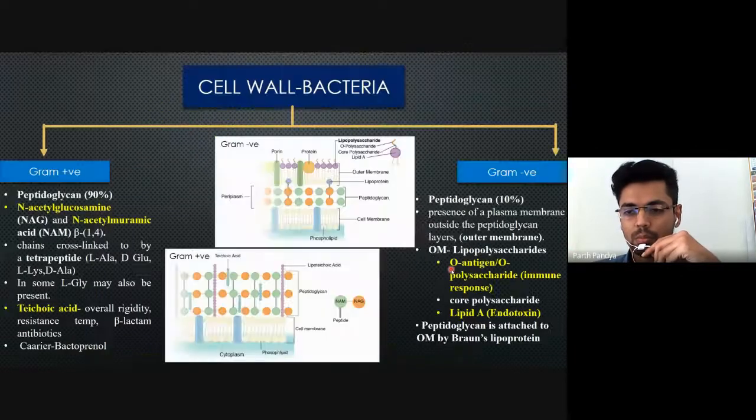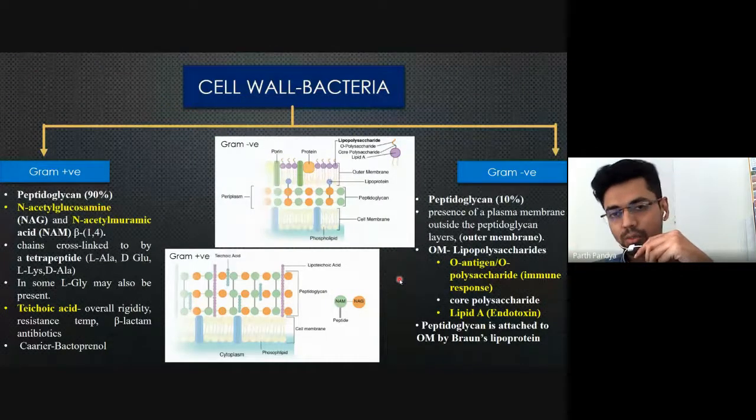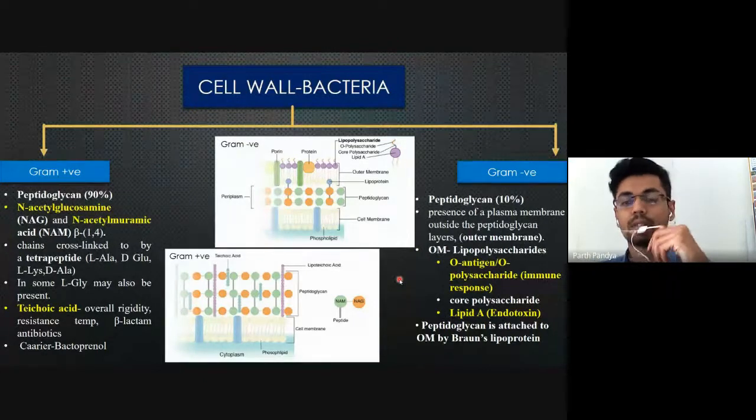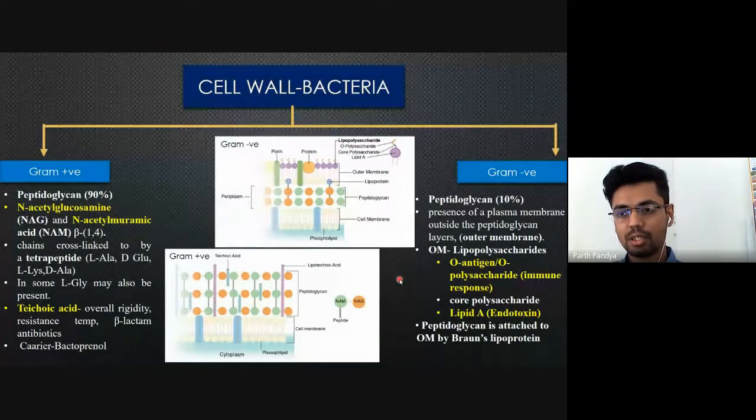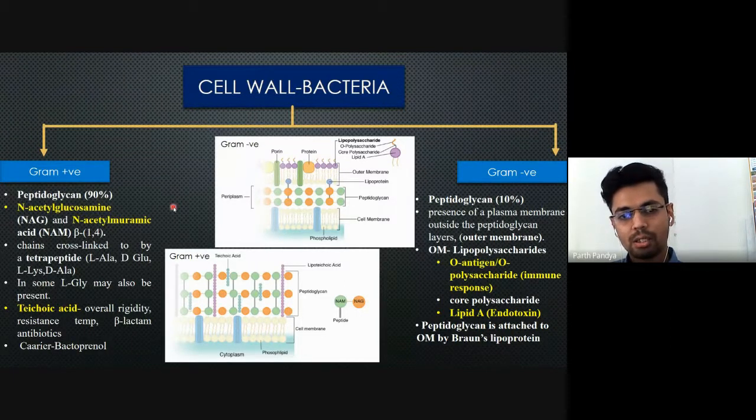Okay. So let us start with cell wall. We know that the cell wall is the main outer layer present in bacteria and plants. Starting off with the cell wall of bacteria, we can classify the bacteria on the basis of a stain called gram staining, and on the basis of that we have gram-positive and gram-negative bacteria. Considering gram-positive bacteria, peptidoglycan is the major component.